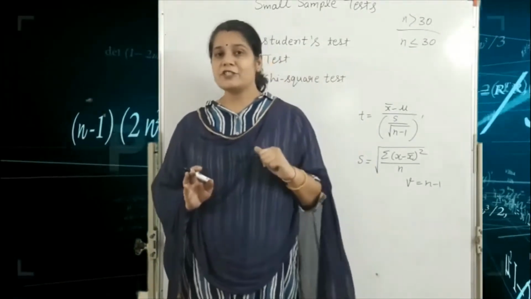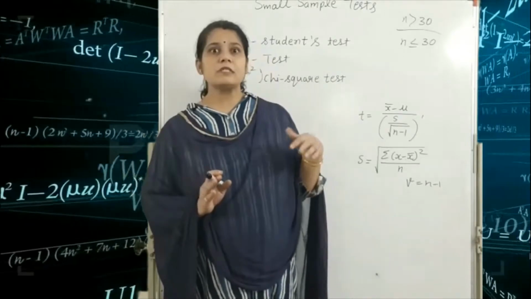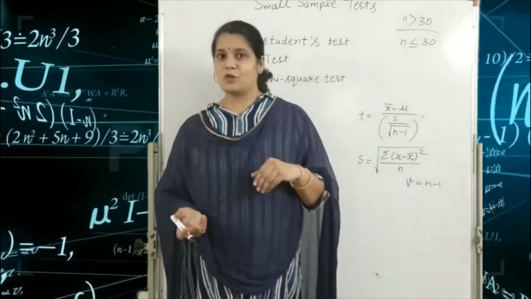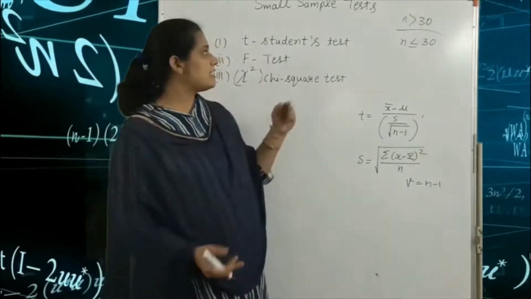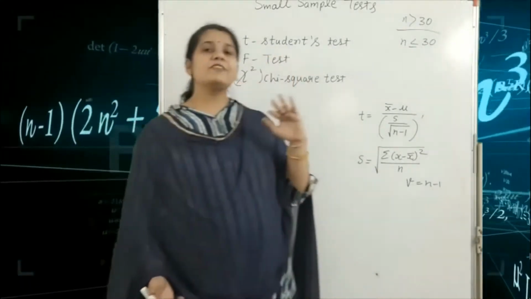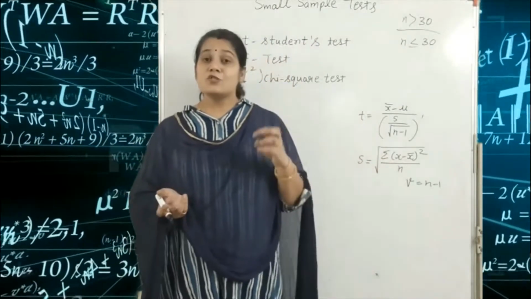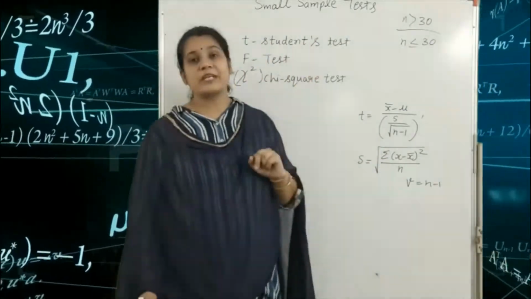Our second question is whether we use the T test, F test or chi-square test. For the T test, if the question gives only the mean or standard deviation, we use the T student test.